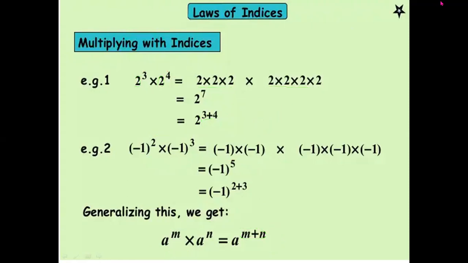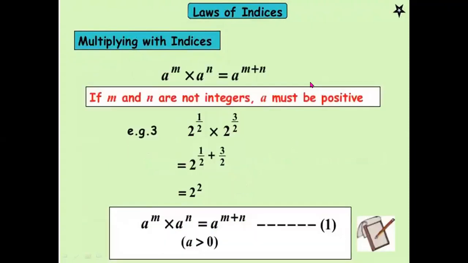Going next. Here, it is said that in multiplying indices, you keep the base and then add the index.